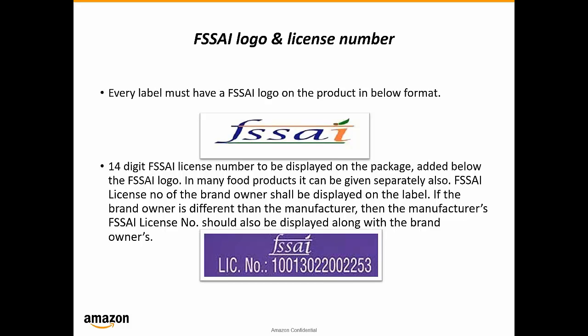For example, A is in Mumbai, B is in Karnataka, and the product is manufactured in Mumbai, so they code it with A, so that whenever they want to do traceability about the manufacturer, they are able to do it. So that's why the FSSAI logo and license number is important. This is a 14-digit FSSAI license number.